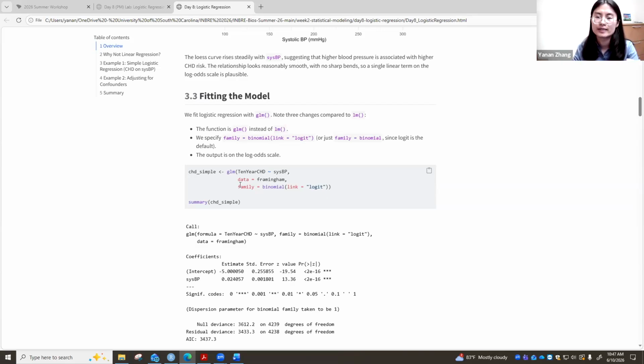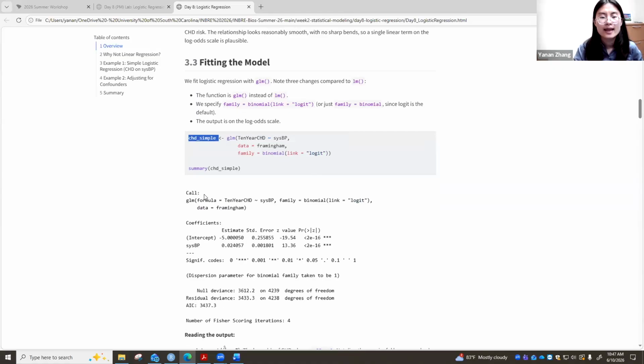So here we just need to know that we need to specify the outcome, which follows a binomial distribution. And for a logistic regression, we will use the link of logit because we model the log odds of probability. All those model results are saved here, and we can use the summary function to get the results.